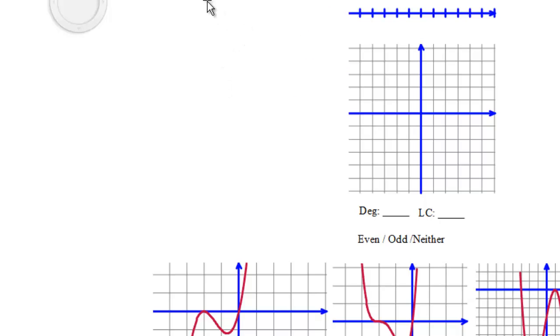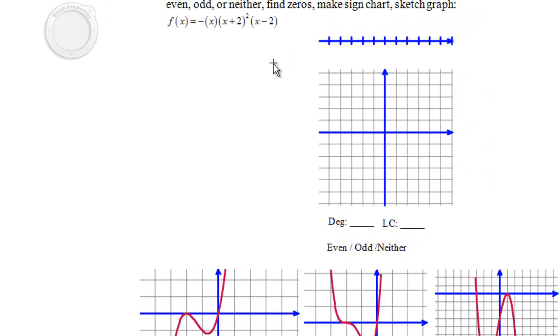And if you have a polynomial given to you in factored form like this, then in order to graph it, you just need to find the zeros and make a sign chart. So as you look at this function here, you can find the zeros by just picturing putting in a 0 for f of x, and then you have each of these factors.